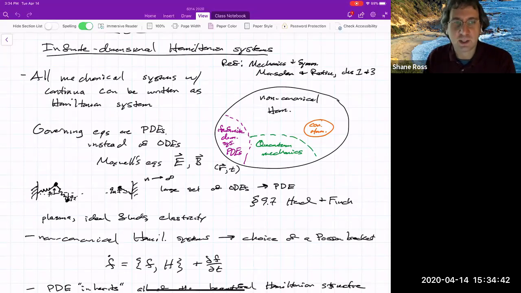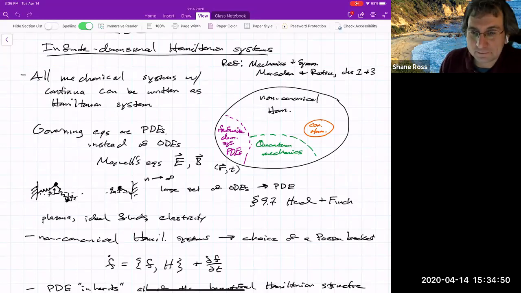So PDEs related to the motion of a continuum or medium, like a fluid, solid, or a plasma, or even Maxwell's equations, which just describes the electromagnetic fields.